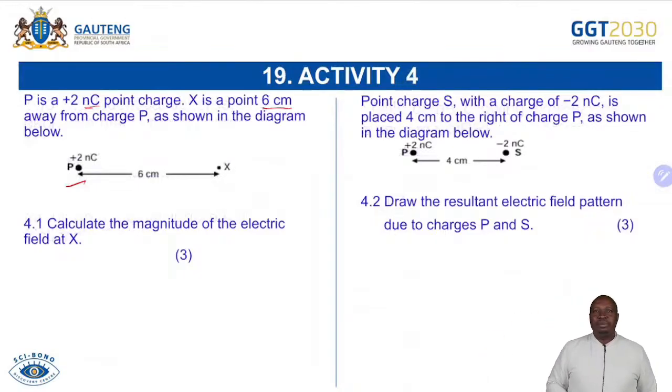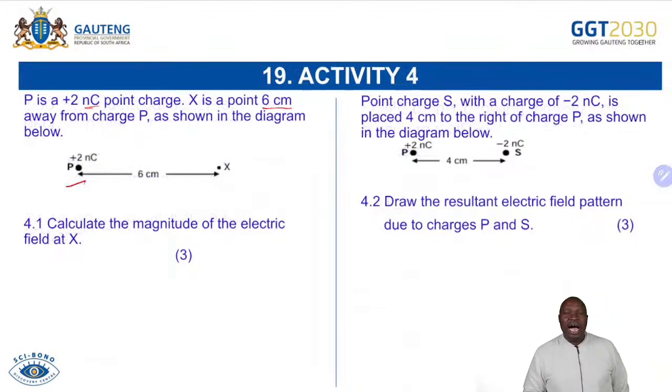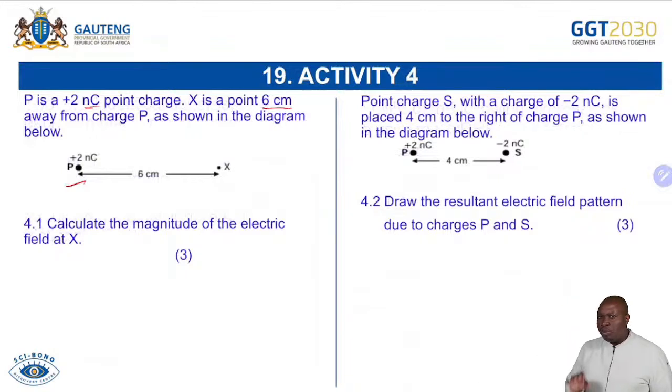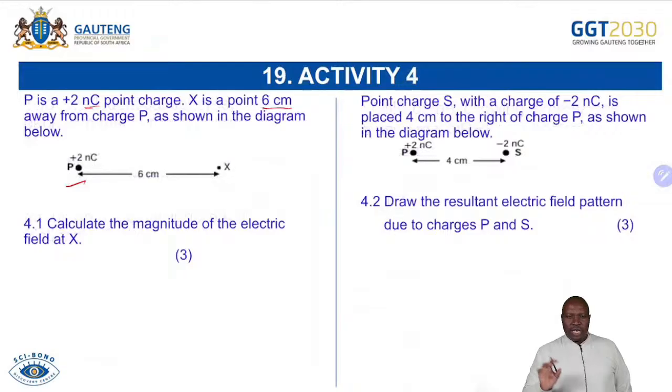Our distance is measured in meters. Our charges are in coulombs. So when you say nanocoulomb, you must be able to convert to the relevant coulombs that we need.